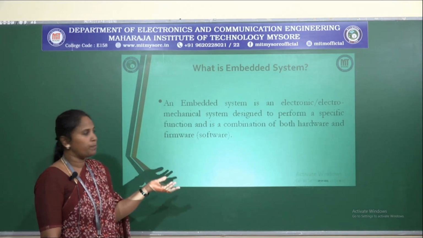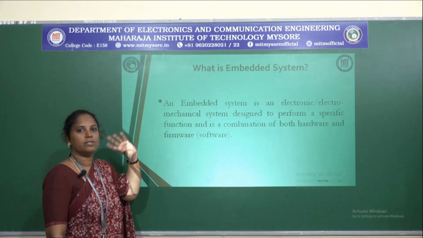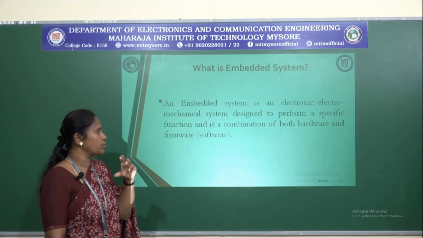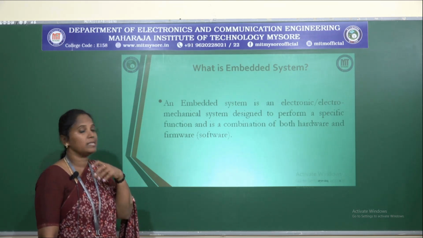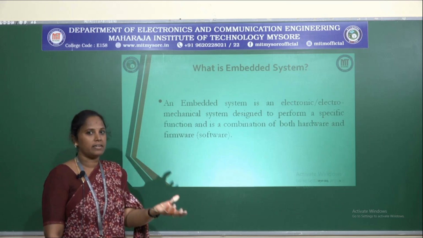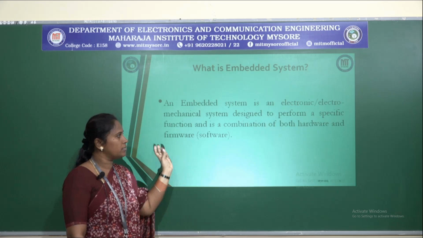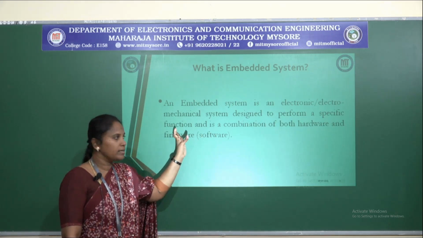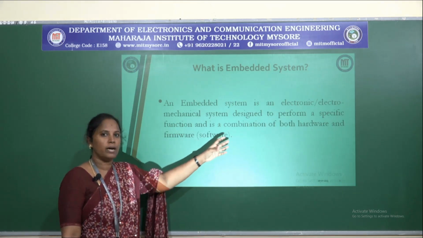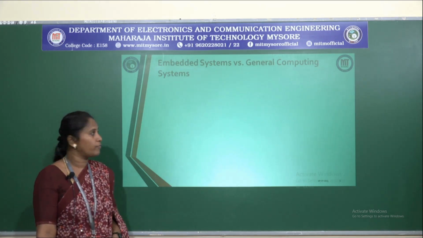It is designed to perform a specific function, that means it is used only to perform a specific or single application like your washing machine or your air conditioning system. Along with that, as I already mentioned, it is a combination of both hardware as well as firmware, which is also called software.